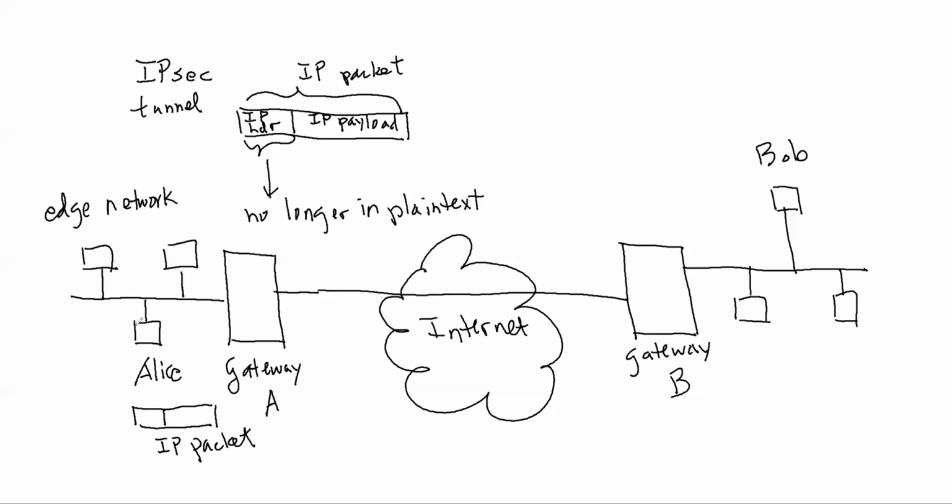So Alice has this IP packet, and this IP packet needs to go through this gateway, because now this gateway handles IPsec.